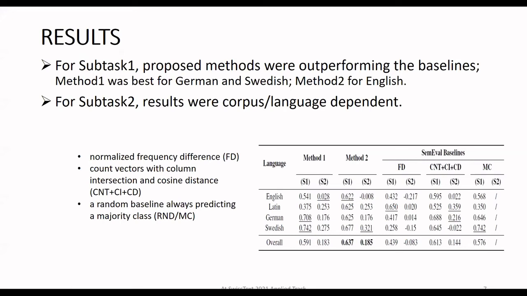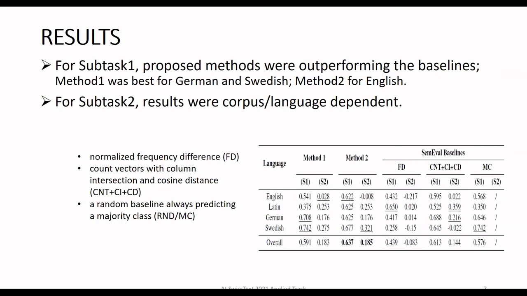Mainly 3 baselines were provided, based on frequency distributions, always predicting a majority class, or representing words as vectors, aligning them and calculating the cosine distance. So they were simple baselines, and the approach outperformed all of them. We found that method 1 was best for German and Swedish, while method 2 was best for English.